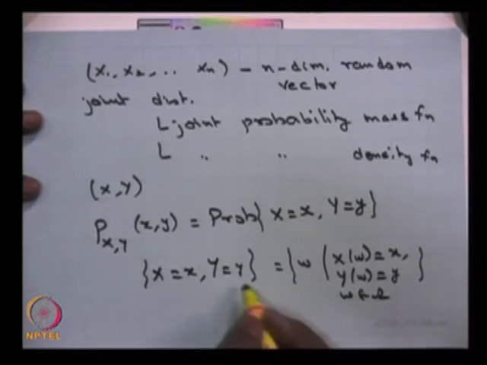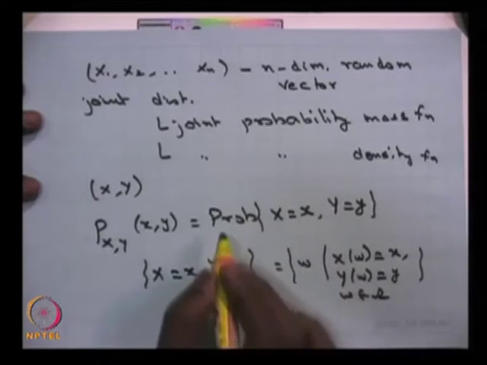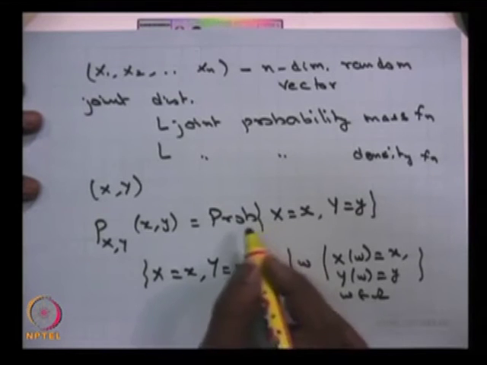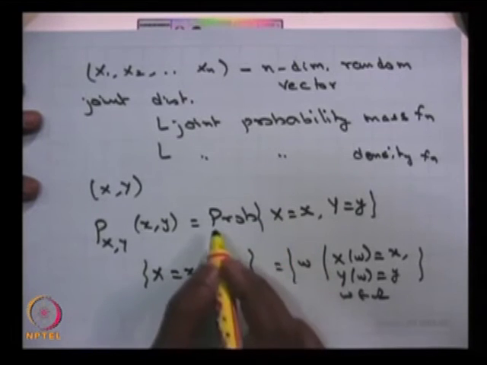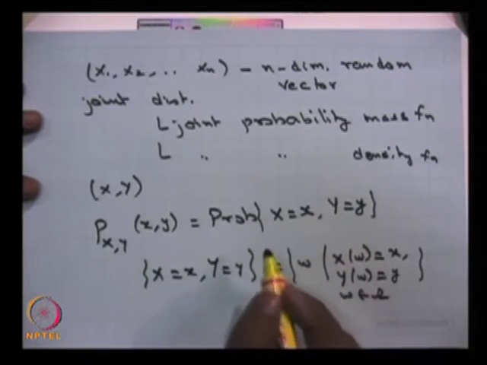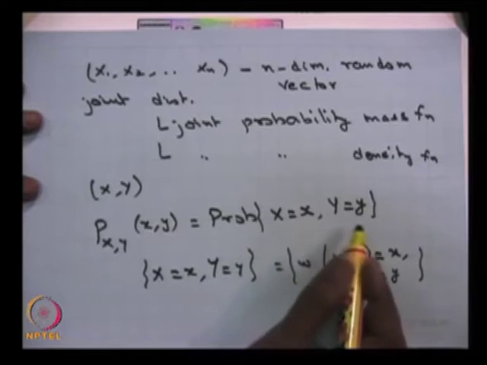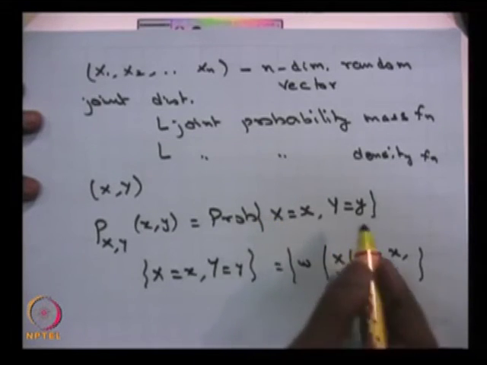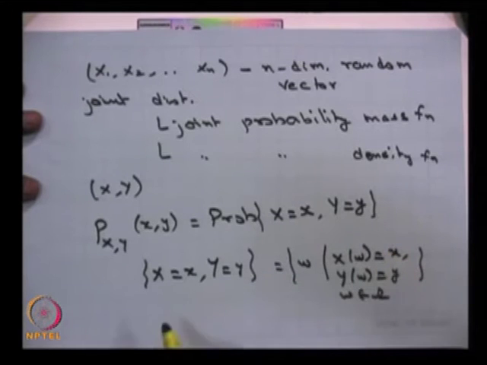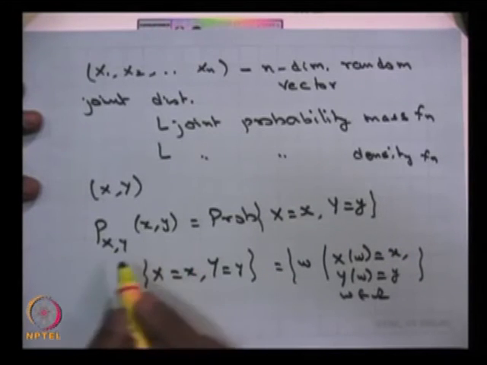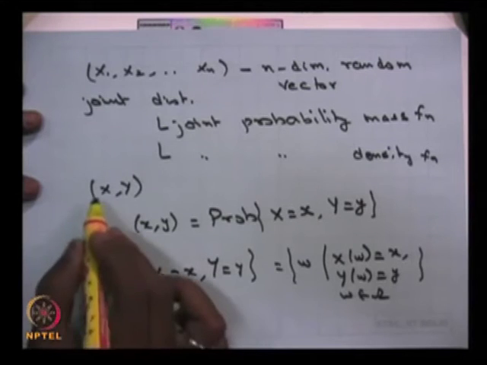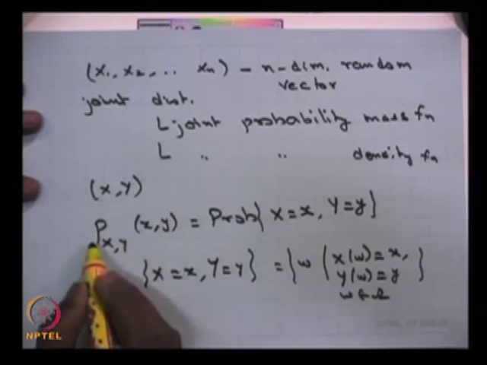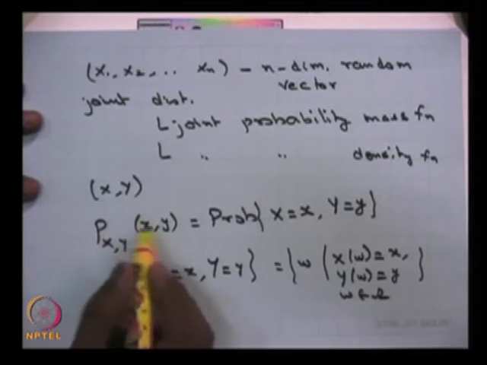This is the event, therefore this is the probability of an event. By the axiomatic definition, the probability of an event is always greater than or equal to 0 and the probability of omega is equal to 1. And if you take mutually exclusive events, then the probability of the union of events is the summation of the probabilities. This is the way you can define the joint probability mass function when the random variables X and Y are both discrete type.